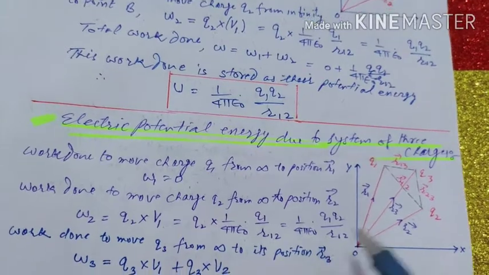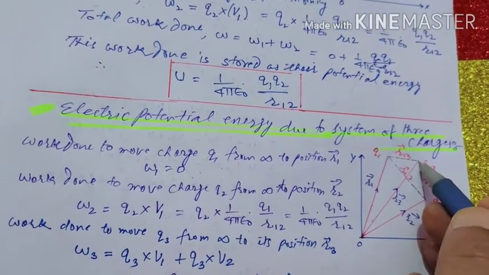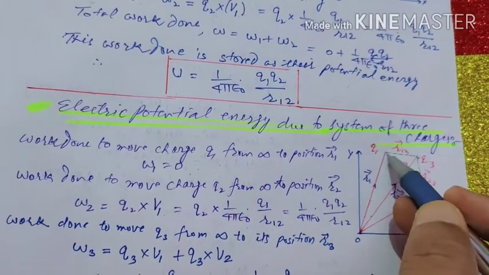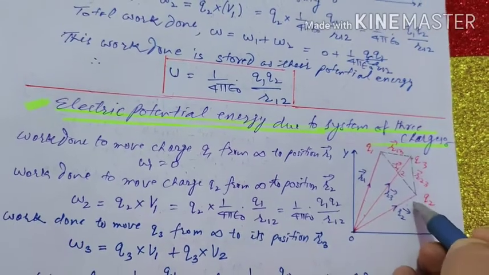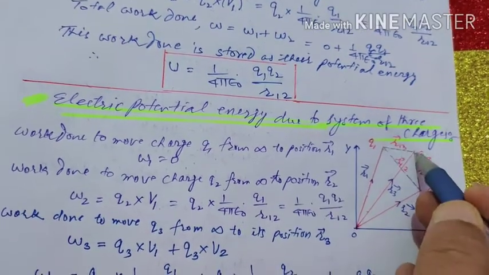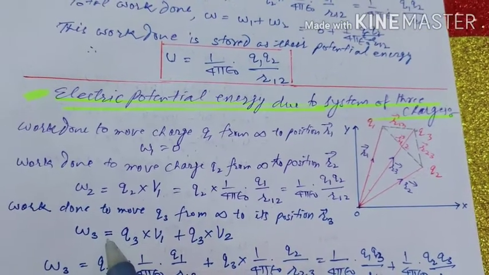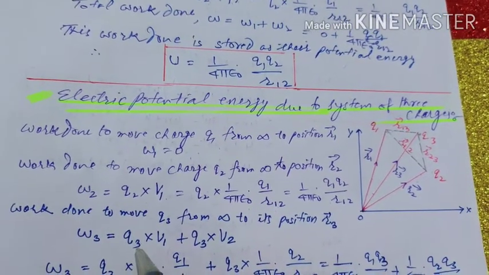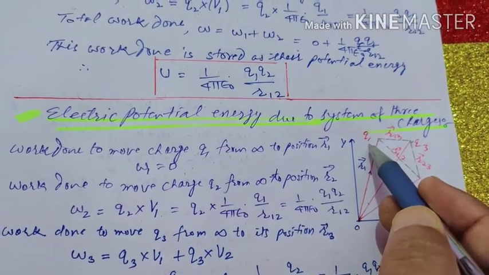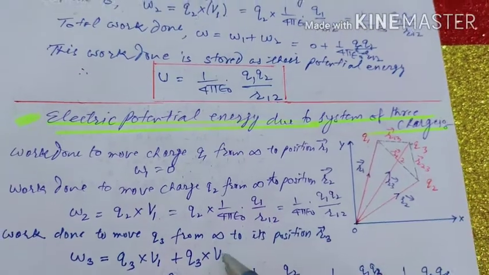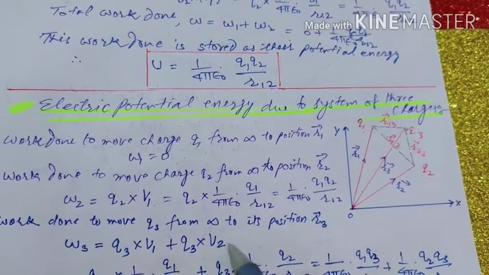Now I have to bring the third charge. To bring the third charge to its respective position, Q1 and Q2 will also be there. As Q1 and Q2 are present, I have to consider both the charges. So the work done to bring charge Q3 from infinity to its position is Q3 into the potential of Q1 plus Q3 into the potential of Q2. You have to consider the potential of both.